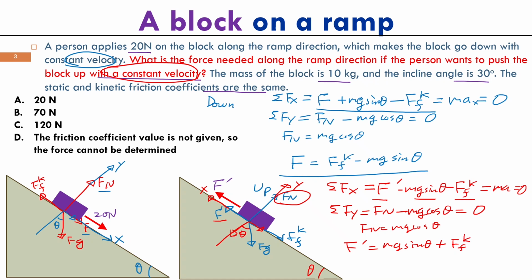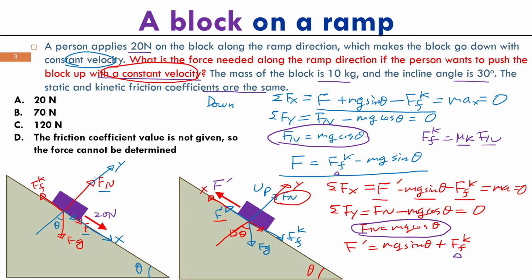If you look at the result here, the normal force for both situations does not change. And we know the kinetic friction force equals mu k times the normal force. Because it's the same block and the same ramp, mu k would not change. And since the normal force is not changing, the kinetic friction force here and the kinetic friction force here are the same.